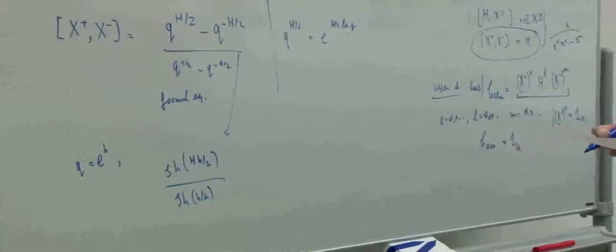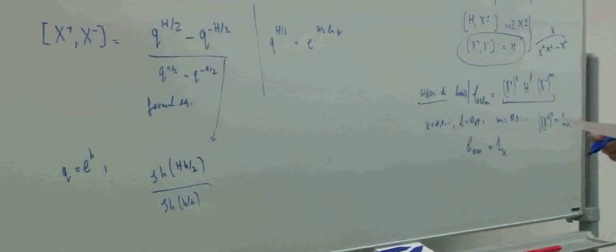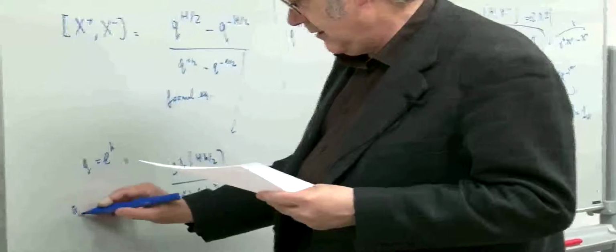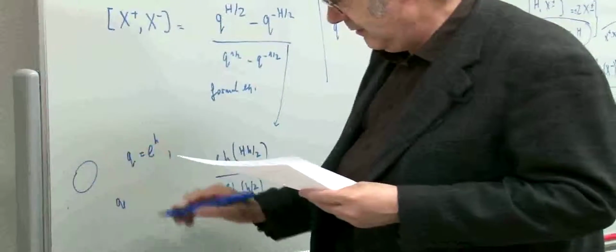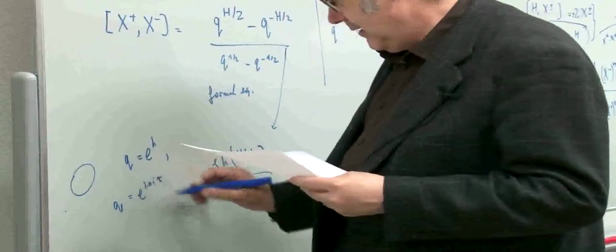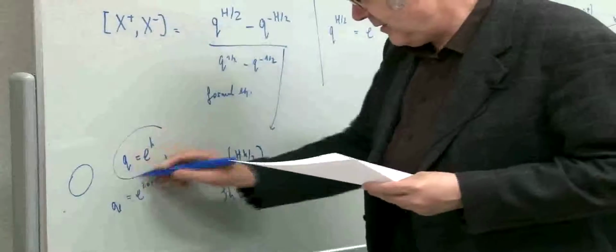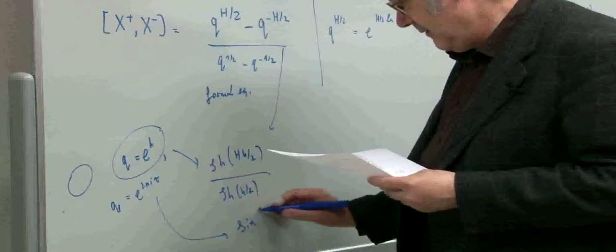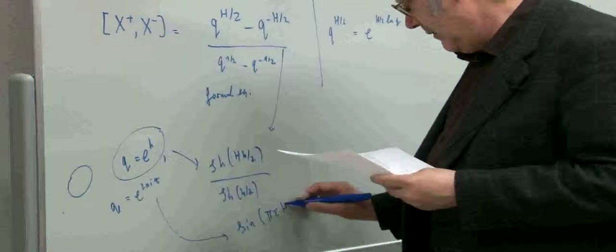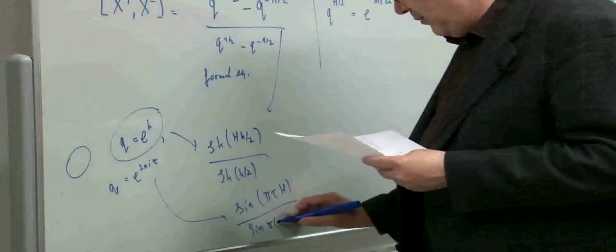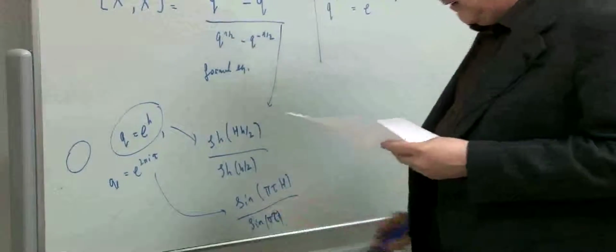This is useful, for instance, if H is real. Sometimes it is good to have Q to be a number on the unit circle. In that case, we write Q as e to the 2 pi i tau. In that case, this will be the sine of pi tau h over the sine of pi tau.